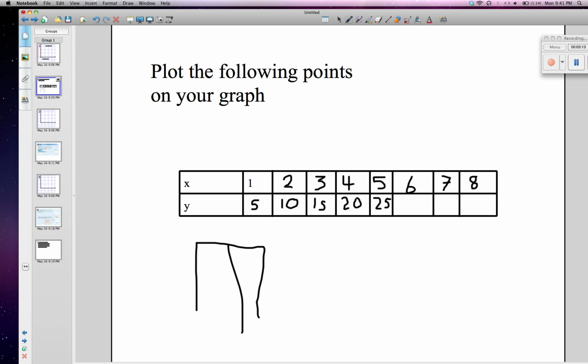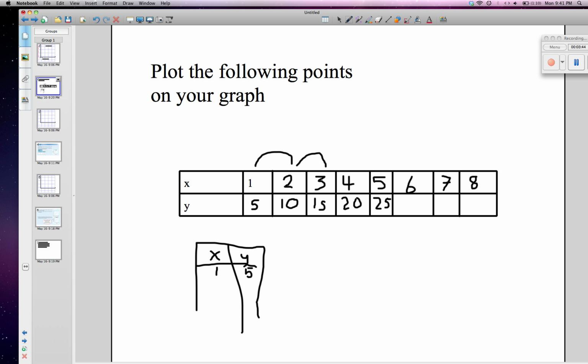You can also have a vertical table of values that looks something like this, with x on this side and y on this side. It doesn't matter whether you like it vertical or horizontal. This would be 1, 5, and these are your coordinate pair points, 1 for x, 5 for y.